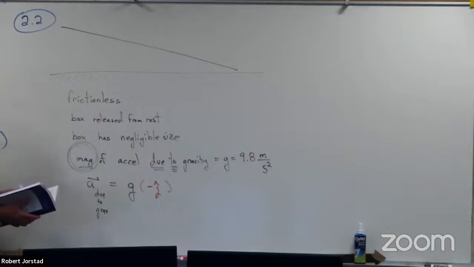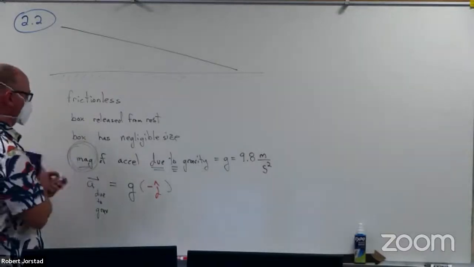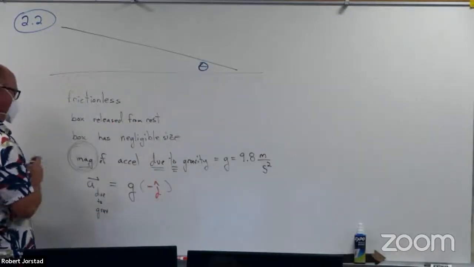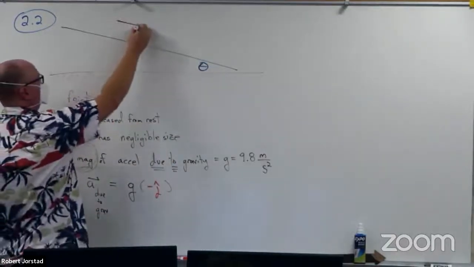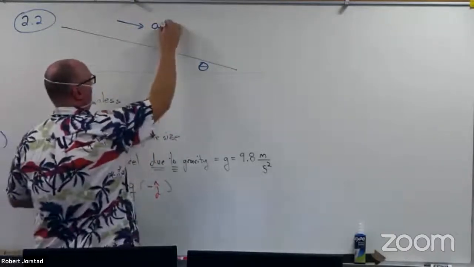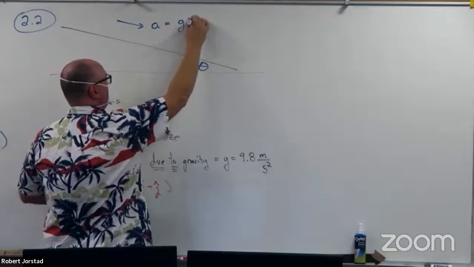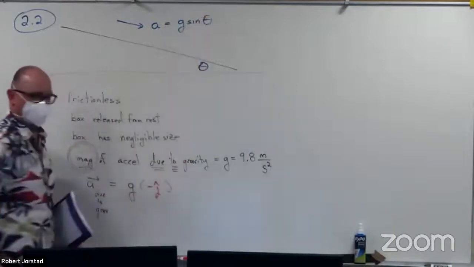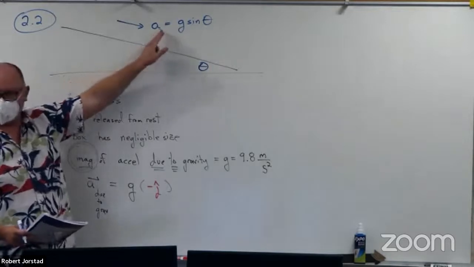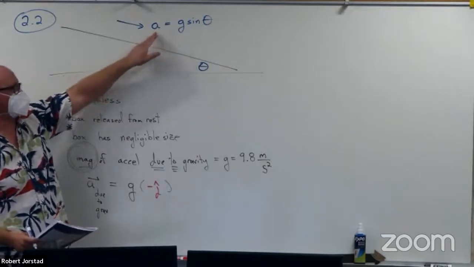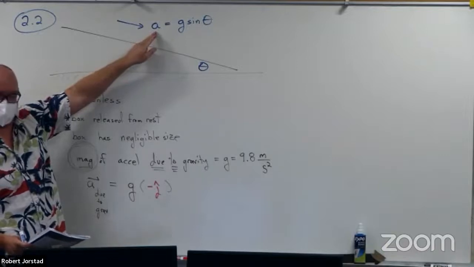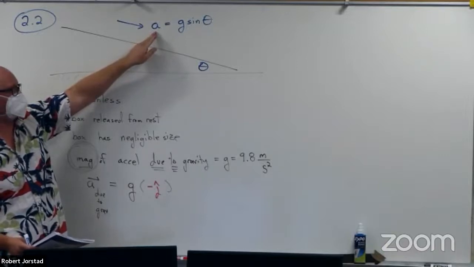Okay, so we are told we've got this ramp here. There's some angle theta, and we're told that it's going to accelerate down the ramp. And we're told that a equals g sine theta. Look carefully. The way this is written, is this letter a the acceleration, or is it the magnitude of the acceleration?